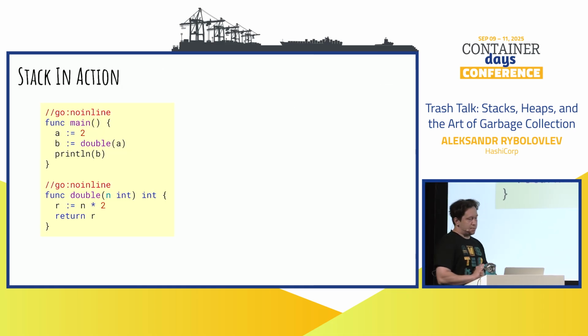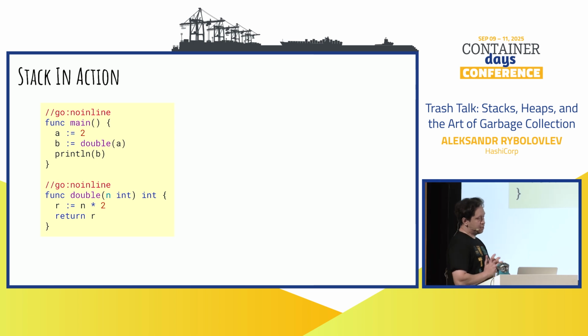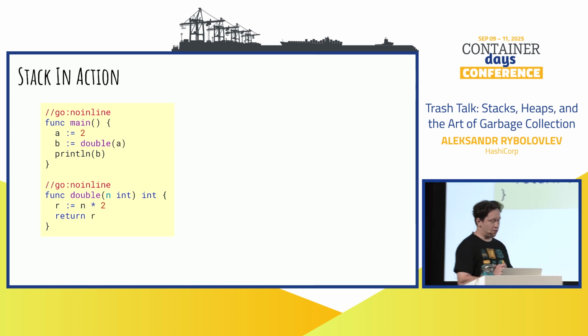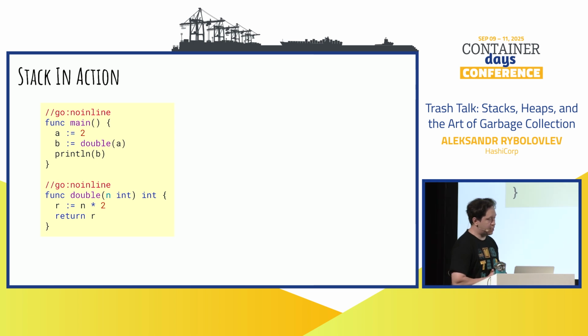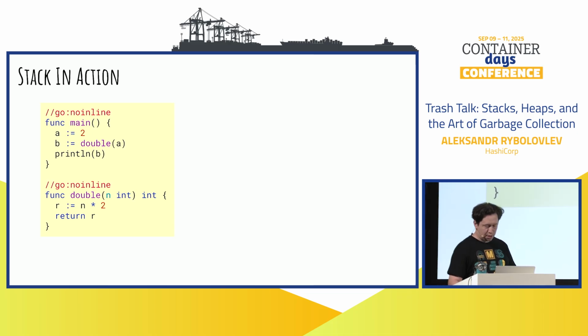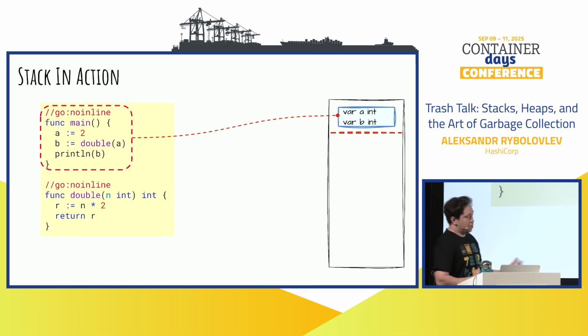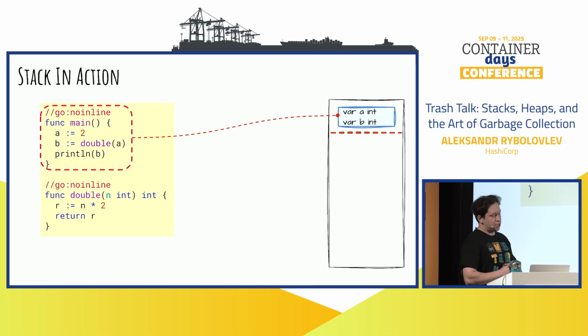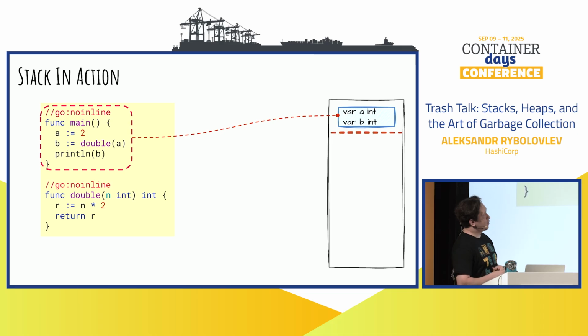Let's take a look at the stack in action. This is a very simple, very artificial piece of code where we have a main function that consists of two variables. It then calls another function, double, that does a very simple thing: it just doubles the number that you pass to it. Let's take a look at how the stack looks for these two functions. Initially, the Go runtime will execute the main function. It will create a stack frame that has enough room for two variables, a and b.